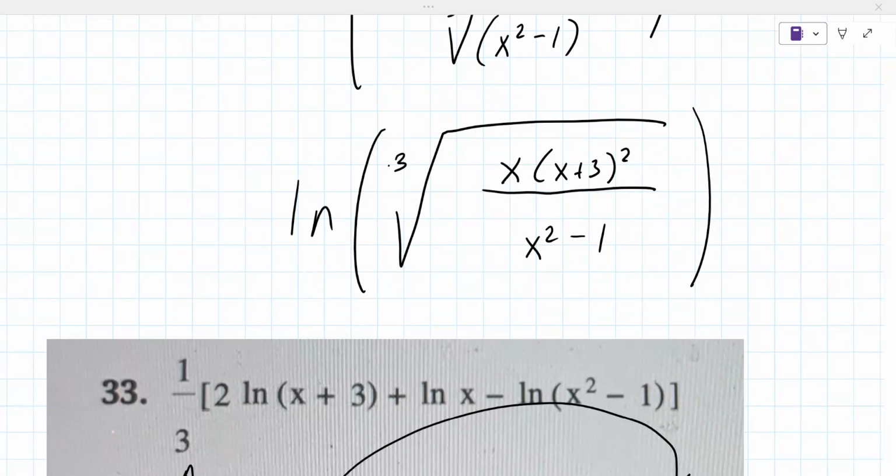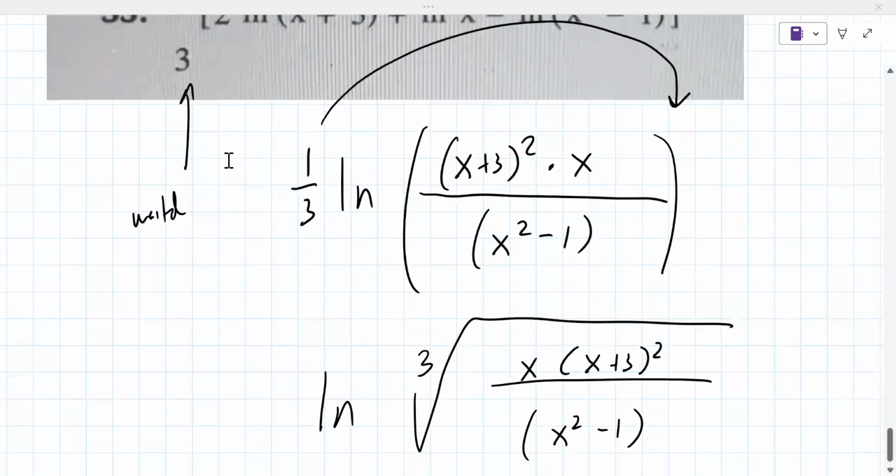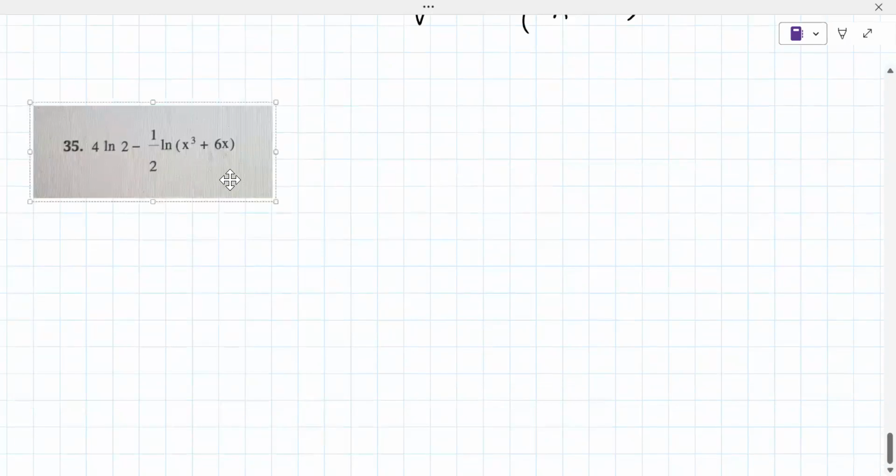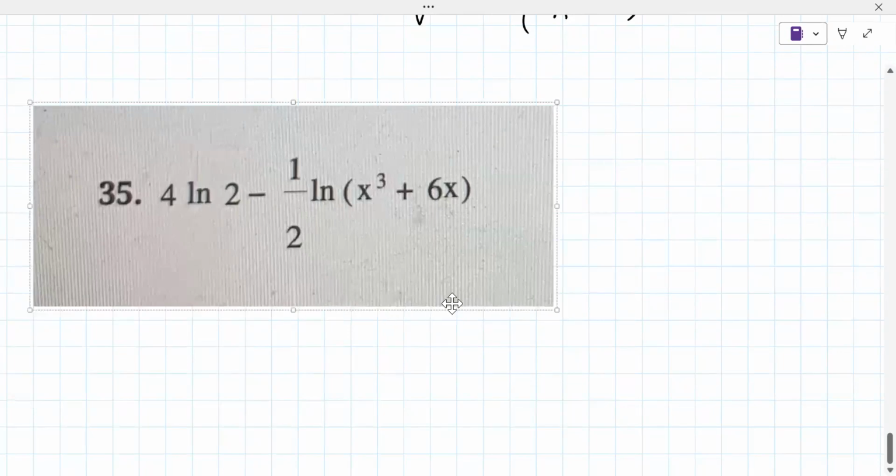All right, so having thought all that here, why don't you try 35 on your own? I think it's actually easier than the ones we just did. Just let me know if you have any questions on that.